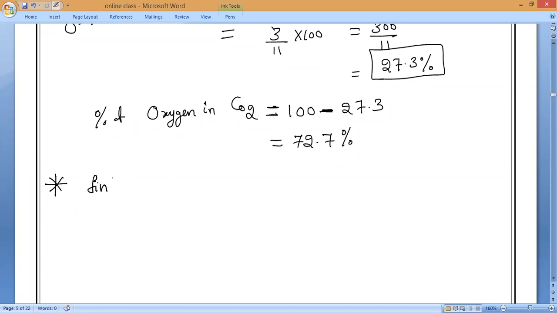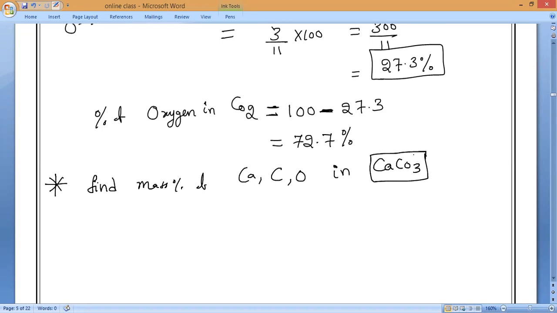Find the mass percentage of calcium, carbon and oxygen in calcium carbonate. Is it okay, everybody? Here how many elements are there? 3 elements: calcium 1, carbon 1 and oxygen 1. The total is 100, so is it possible to find by 100 minus like that?